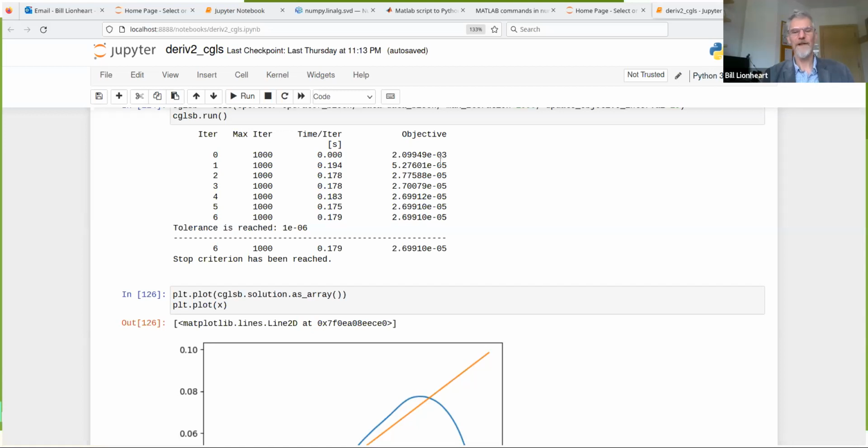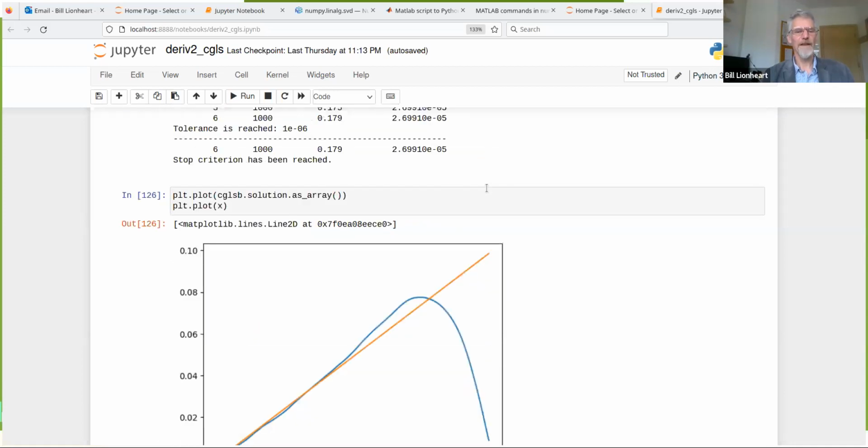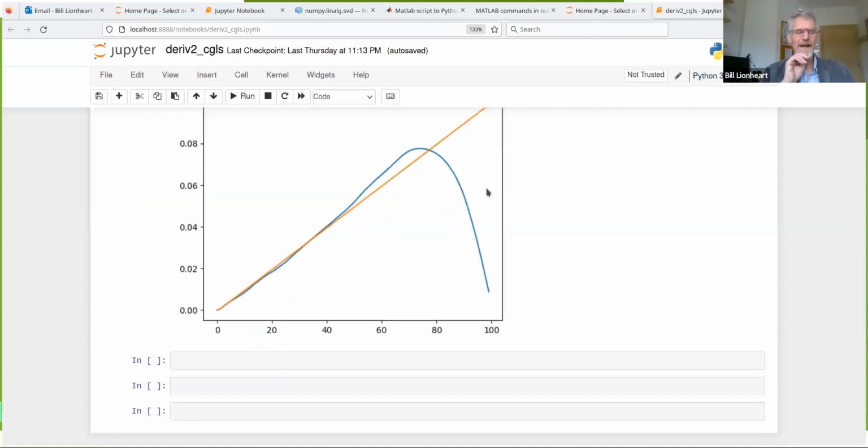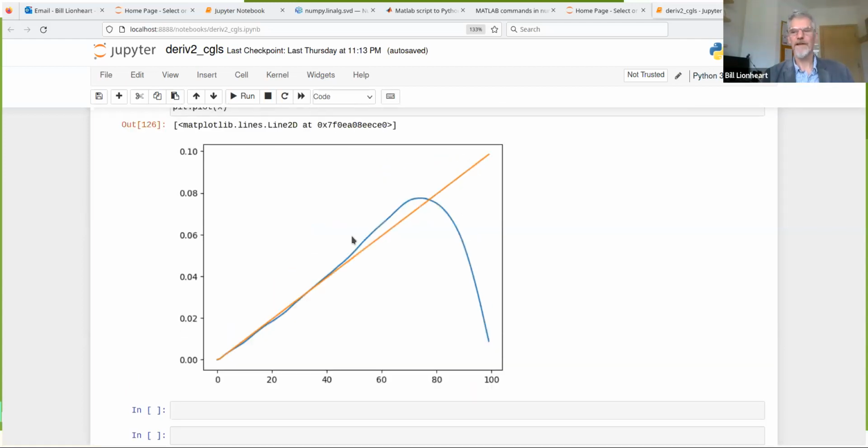So it's made a huge amount of progress in one step. Okay, so let's see how the Tikhonov solution's gone. Obviously, you have to play with how much regularization you need for how much noise, and it was quite noisy data. And here's our CGLS Tikhonov reconstructed solution compared to the genuine solution.